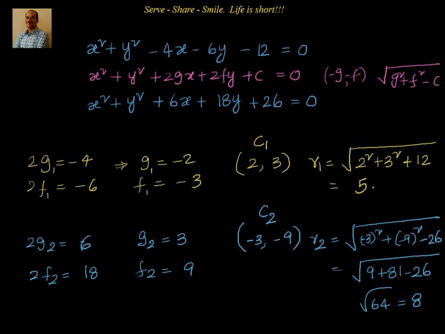So this is our R2. We'll write them down at one corner so that we can move to the next step: C1 coordinates are (2, 3), C2 coordinates are (minus 3, minus 9), R1 is 5 and R2 is 8.